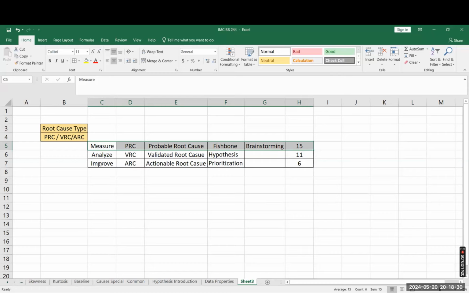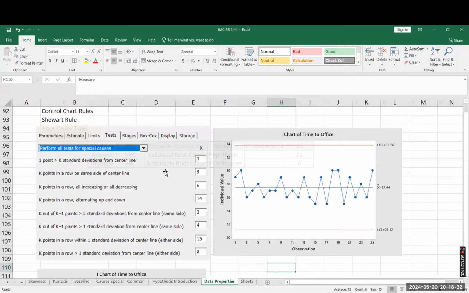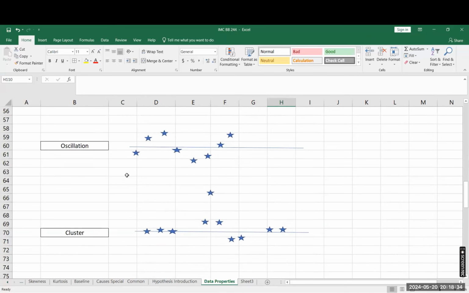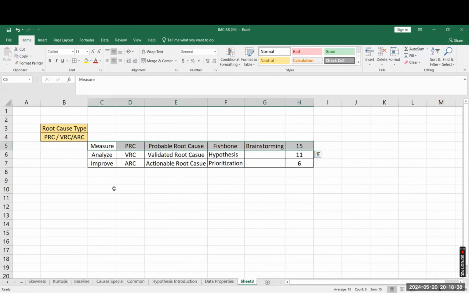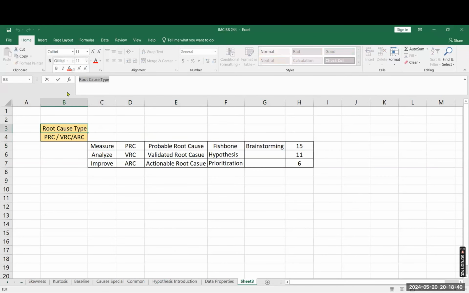You will validate with the hypothesis, like we have learned about statistical data validation. And after validation, you identify that 4 of them have no relationship with the output variable. So we will be dropping these 4 and we'll continue with the 11.